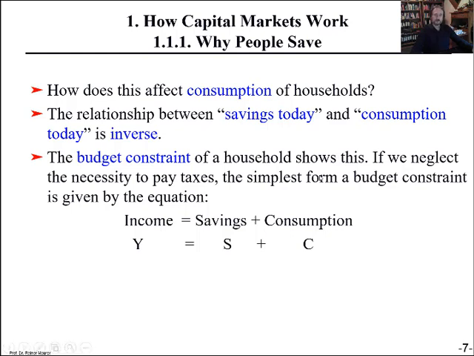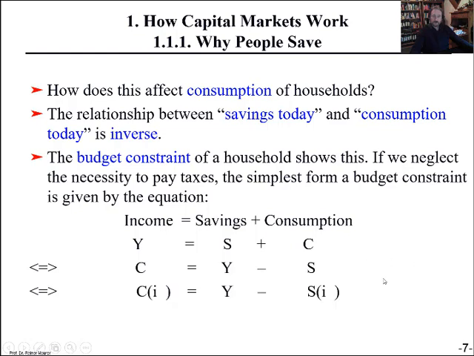If you use shortcuts, we typically symbolize income with capital letter Y, savings with capital letter S, and consumption with capital letter C. Now if we change this equation a little bit by subtracting savings from this side, then we can isolate consumption on one side, and we see that consumption equals income minus savings, of course.